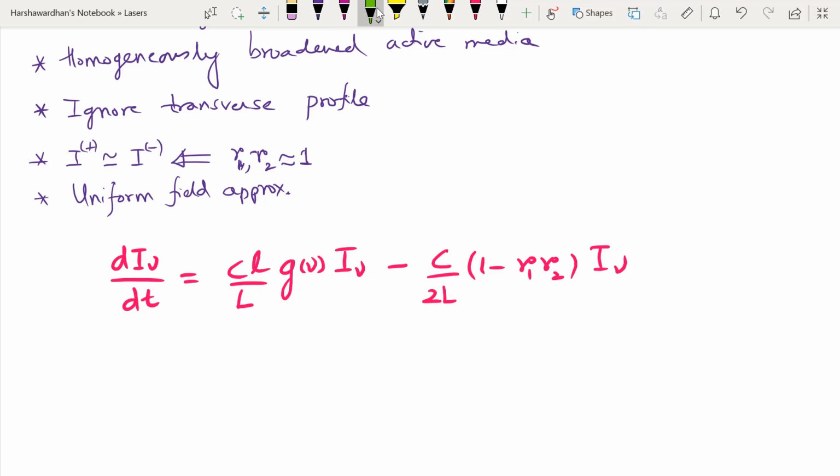This will not be true if we analyze the rate equations for photon number or the intensity of light within the cavity at threshold, where stimulated emission has not taken off yet. The amount of field is very small, and hence spontaneous emission would have a definite contribution in the regime of threshold. And of course, it doesn't play such an important role when the laser is operational.